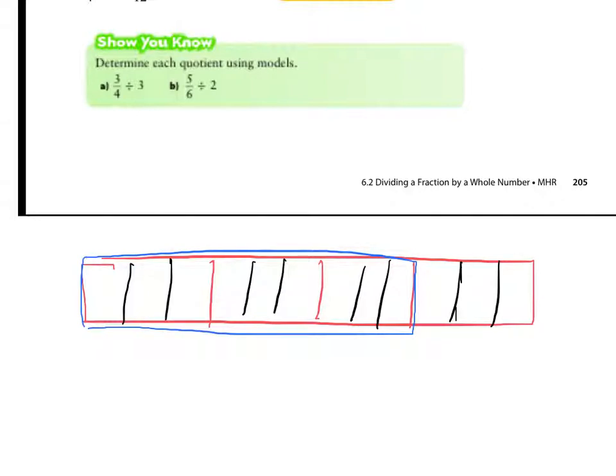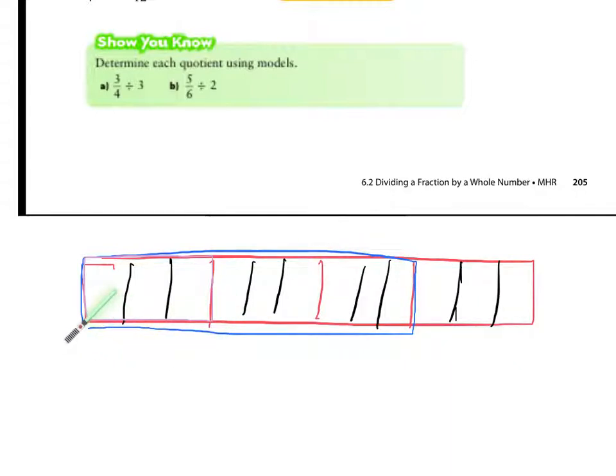Okay, so now I'm looking at the value of each sliver in those 3/4. Maybe I'll use purple. Okay, so in this first quarter, the value of each of these is 1 out of the total.